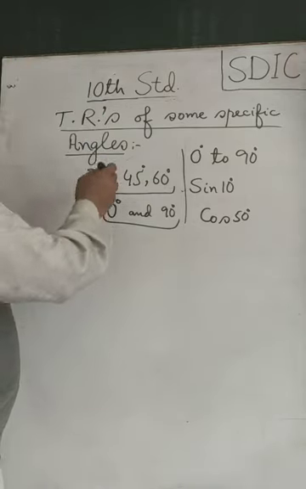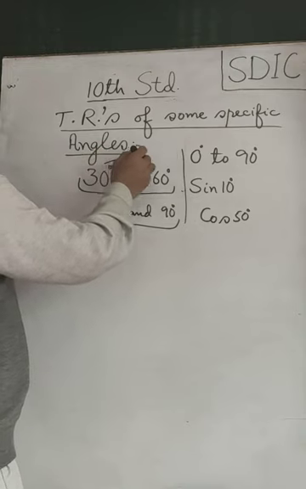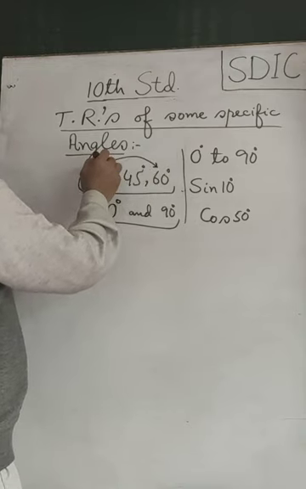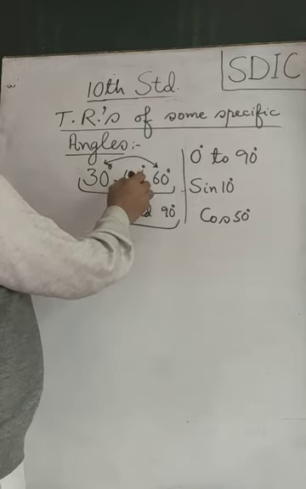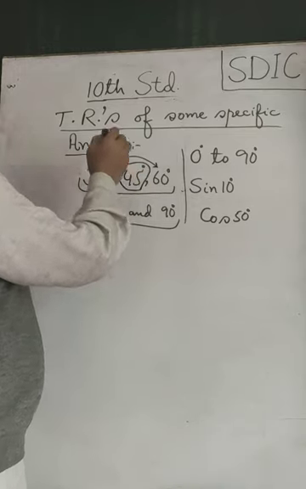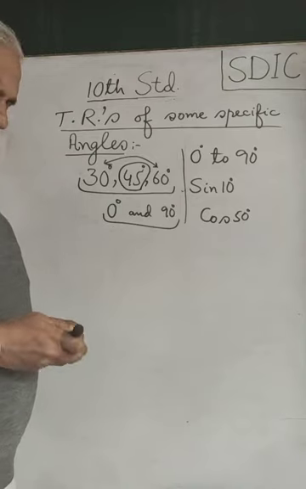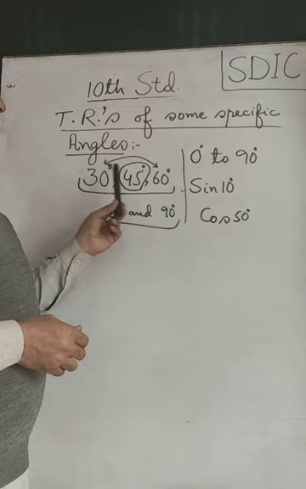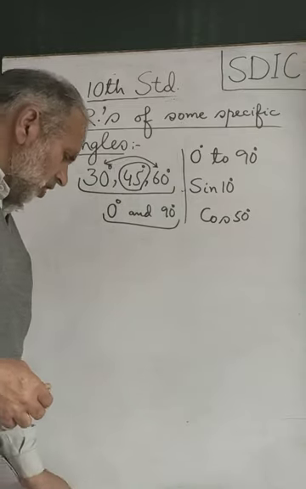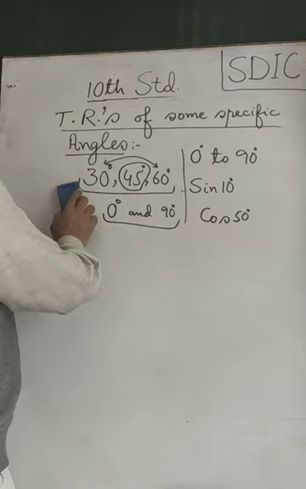The derivation of trigonometric ratios of 30 degrees and 60 degrees will be the same. The derivation for 45 degrees will be different. We'll first derive these two, and out of these also we'll first derive the trigonometric ratios of 60 degrees.